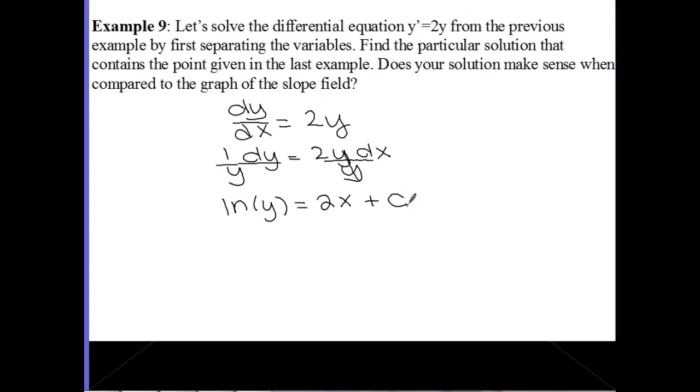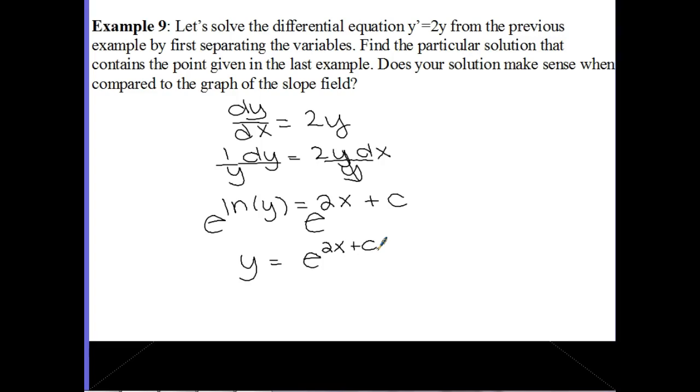How do I get rid of an ln on my y? e to both sides. e to the 2x plus c. Now, if you think back to the rule, it's a negative though, isn't it? Because it's flipped. Yeah, but you don't know what your constant is, and that's what we're going to talk about.